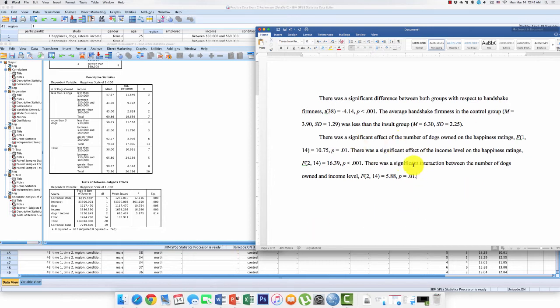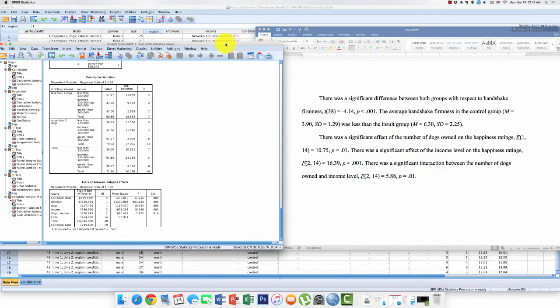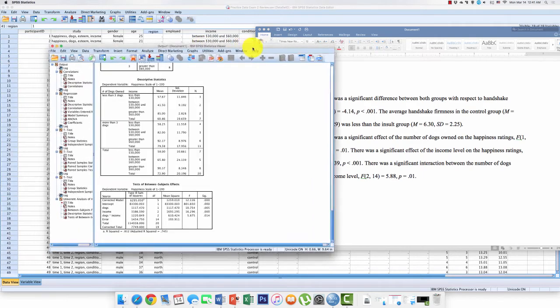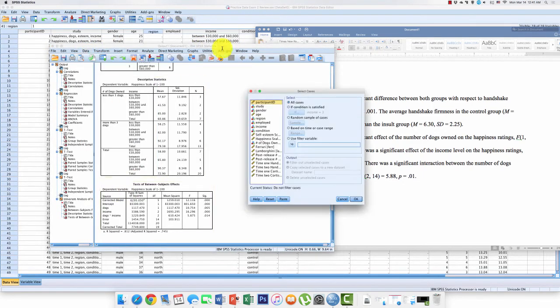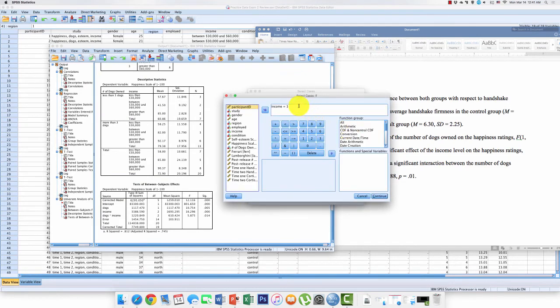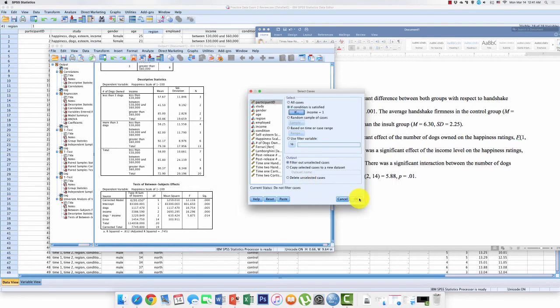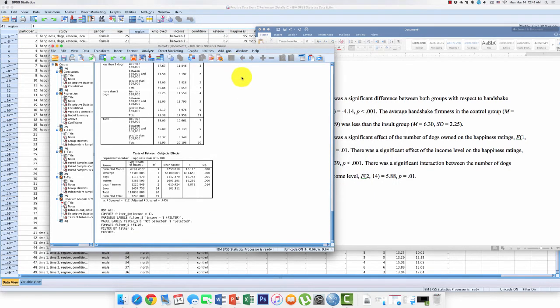So now we're going to do our simple effects tests. For this one, we're going to have to go to data and do the select cases and all that fun stuff. So go to if condition is satisfied. Let's put if income equals 1. Hit OK. We have our filter.